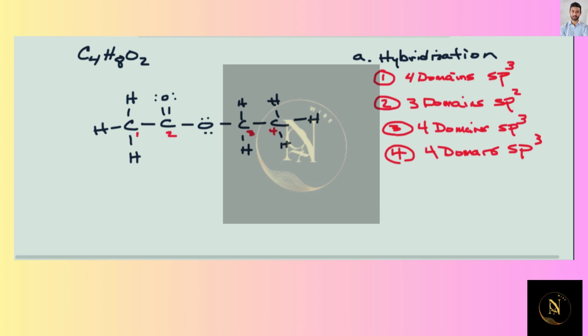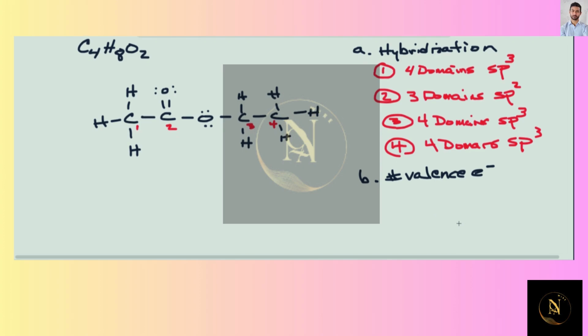Now, what are the total number of valence electrons? Well, let's take a look at how many valence electrons there are for each of these elements. Carbon has 4 valence electrons. So we have 4 atoms times 4 valence electrons. That's 16 electrons. If we take a look at the hydrogen, that has 1 valence electron, but we have 8 atoms.